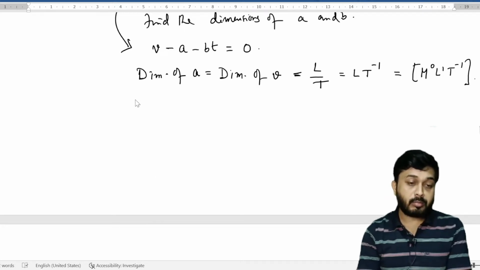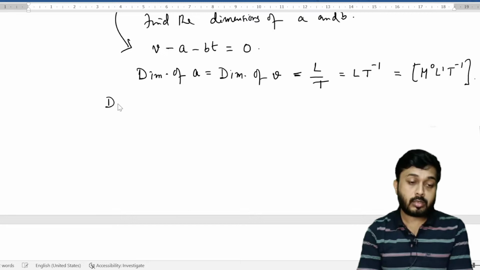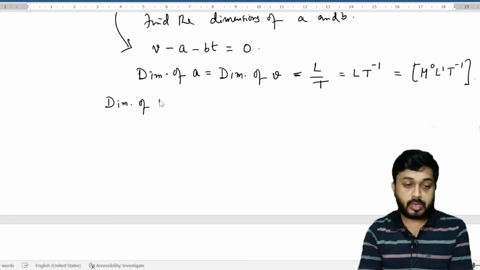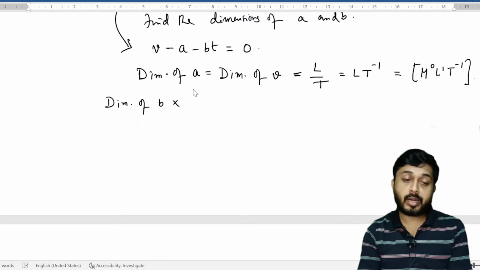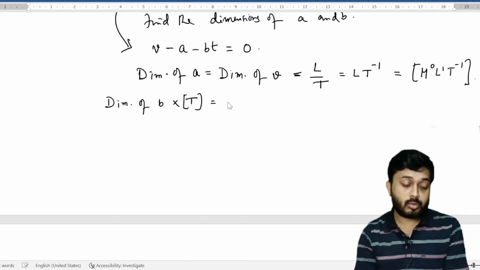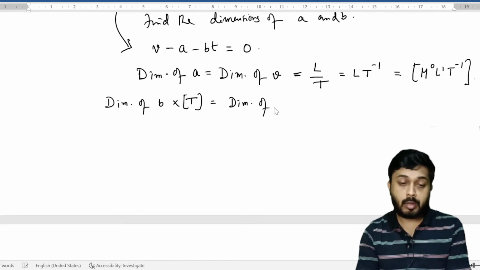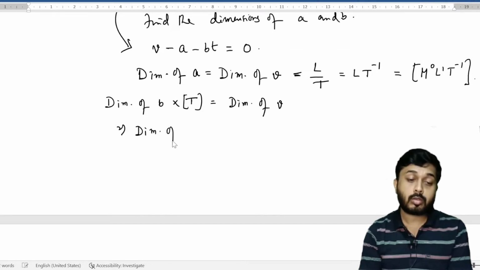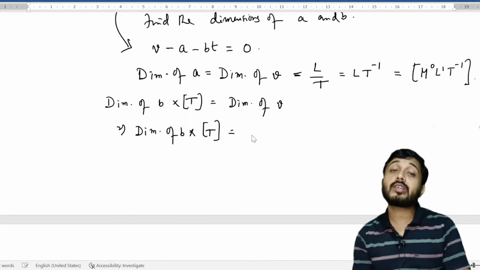For getting the dimension of B, we need to write the dimension of BT. Dimension of BT means dimension of B multiplied by T. What was T? T was time, right? So in place of T, I'm writing its dimension, capital T itself. Dimensions of B multiplied by capital T equal to the dimension of velocity.